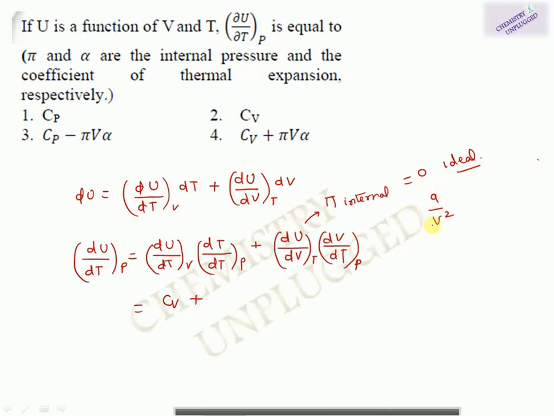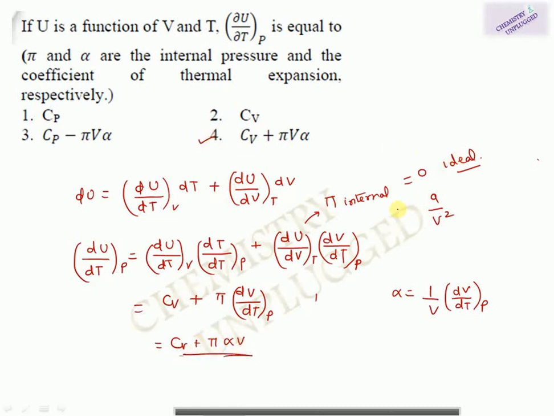First we will write this value here, and now we have dV over dT at constant P, and we know that alpha is equal to 1 upon V dV over dT at constant P. So this value will become alpha V. So Cv plus pi alpha V will be your correct answer in option 4.